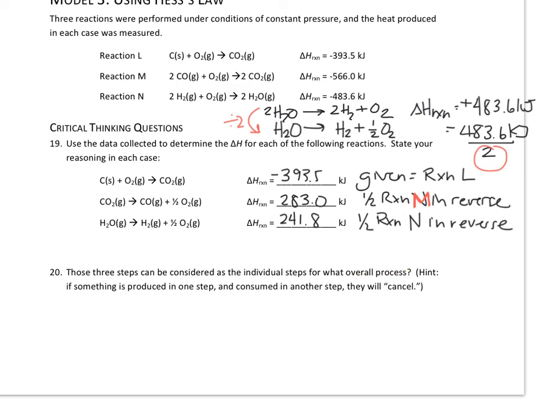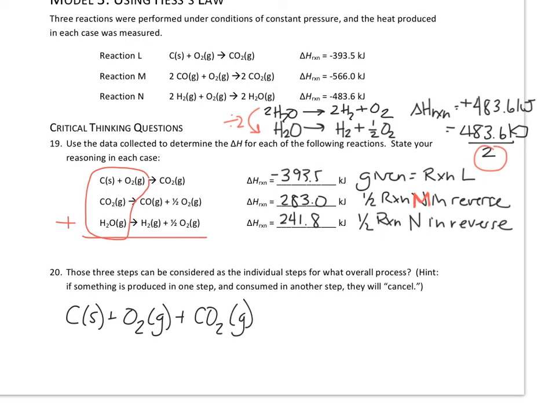So here's how I think about going about this. We're going to make this into a little addition problem. And let's look at all of the reactants here. I'm just going to write them all down here. So I've got carbon, and I've got O2 gas, and I've got CO2 gas, and I've got water.